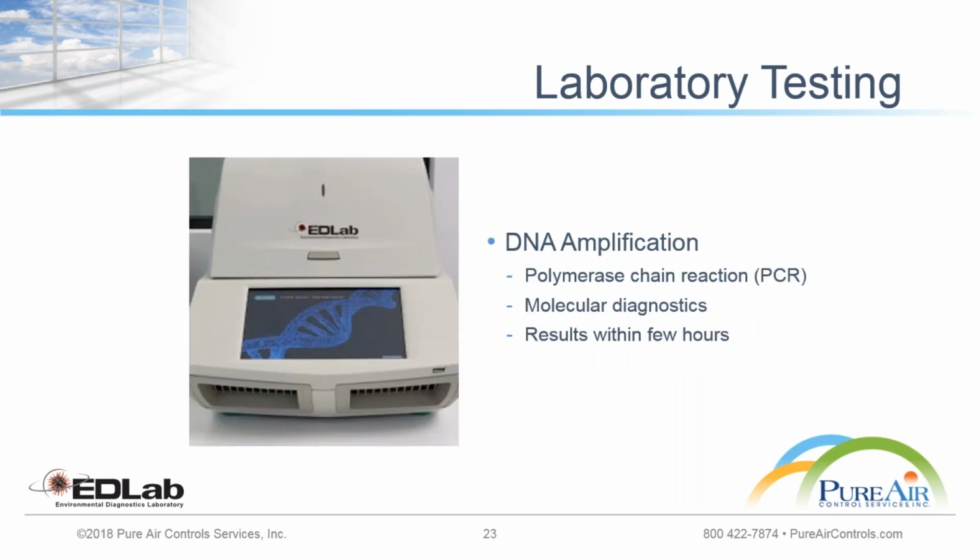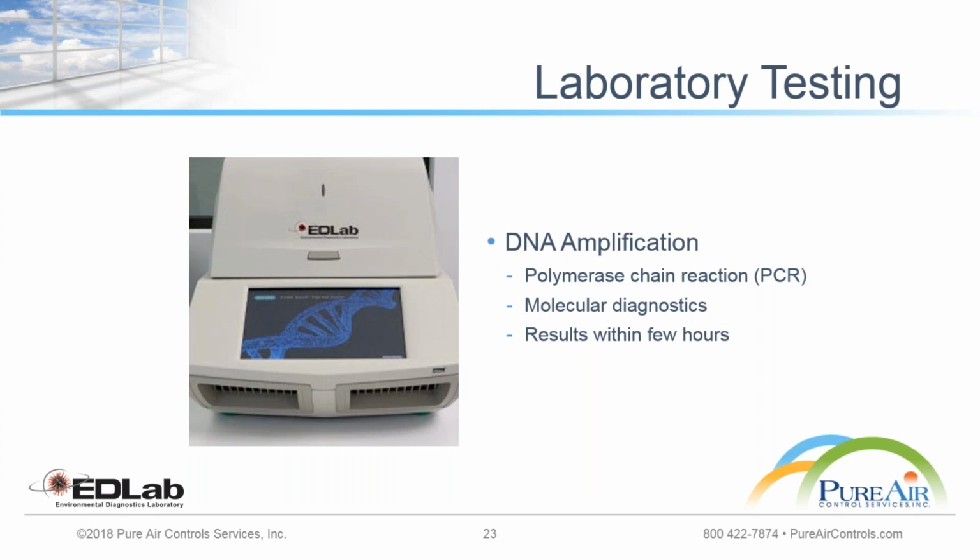The third one has the advantage that it is very rapid, and if you are in a rush, this is the method to at least get information on whether Legionella is in the sample or not. It works by using DNA amplification.